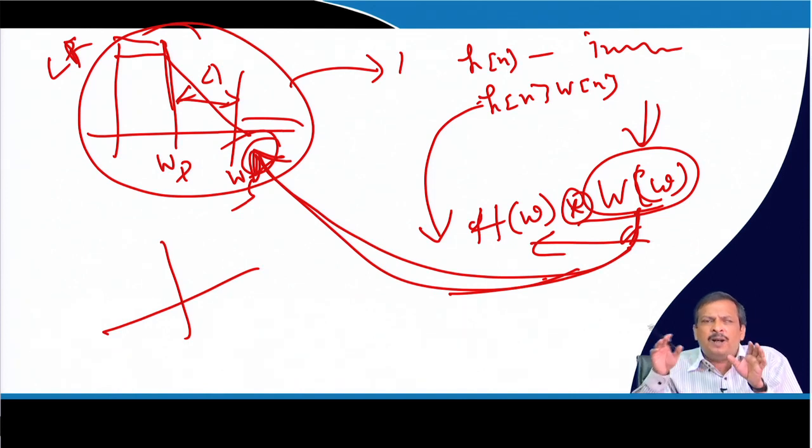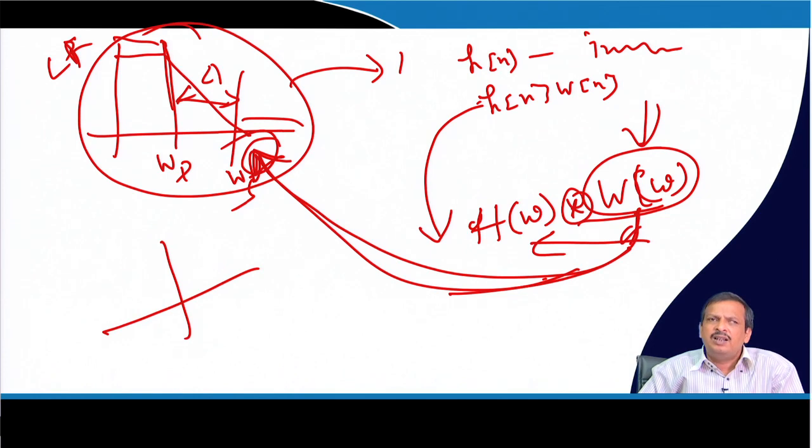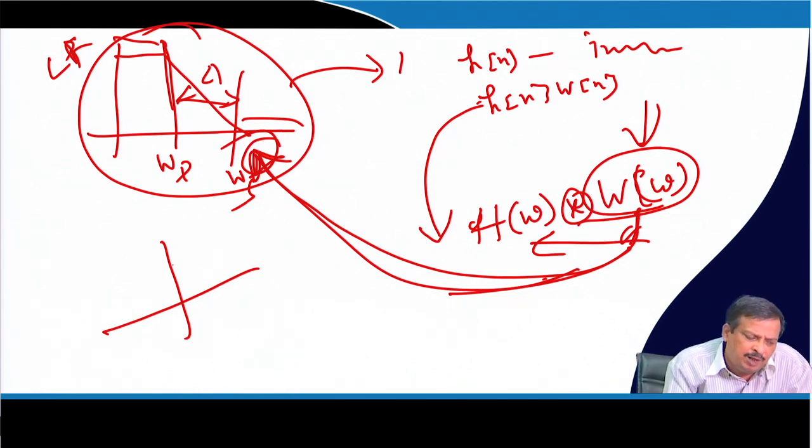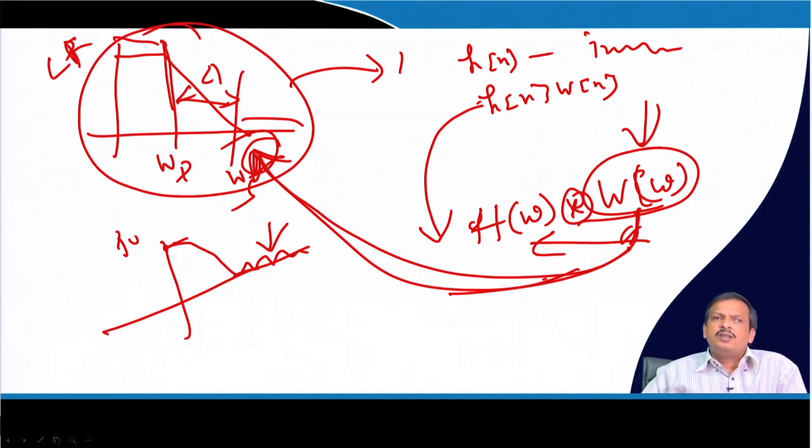Any window function has a main lobe and a side lobe. The side lobe produces the ripple in the stop band, and the main lobe gives me the pass band frequency. So, the window has a role in characterizing the filter frequency response.